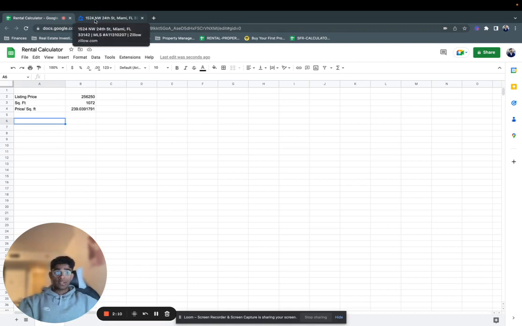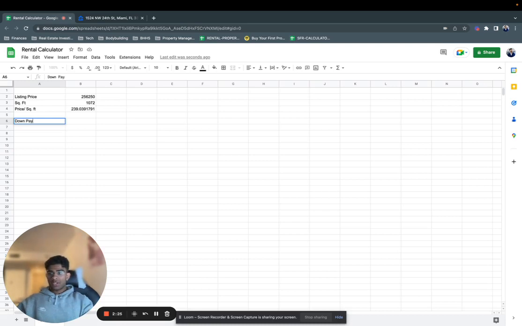So the next thing we want to do is calculate the details of the loan that we'll be taking on this property. So the first thing is the down payment. For the sake of example, I'm just going to use 20%.